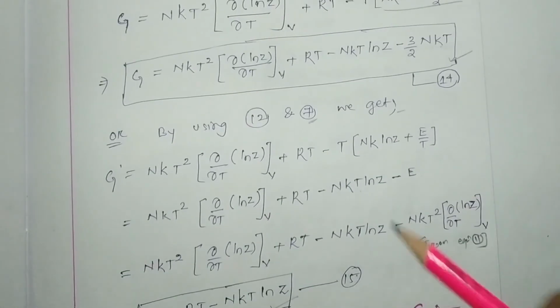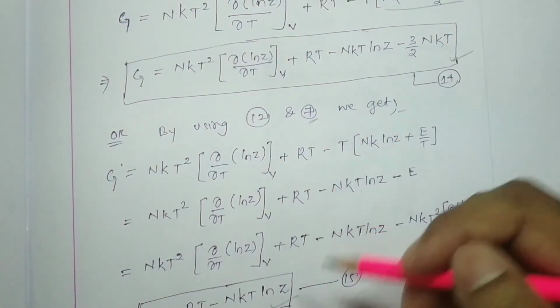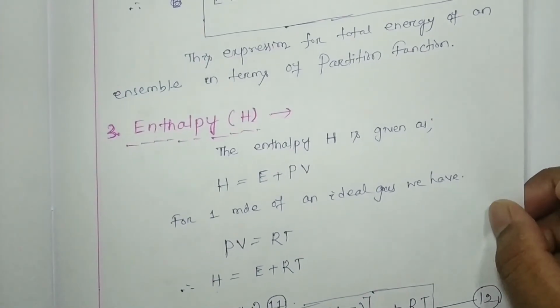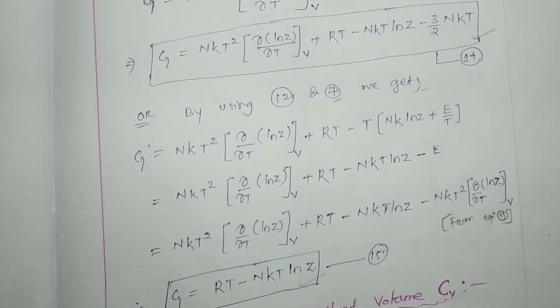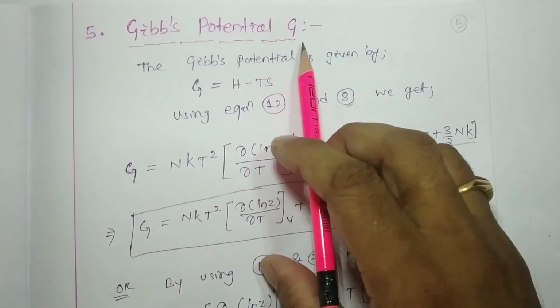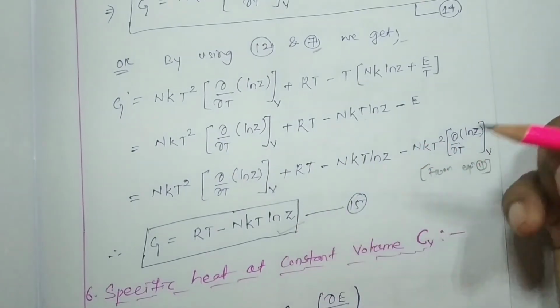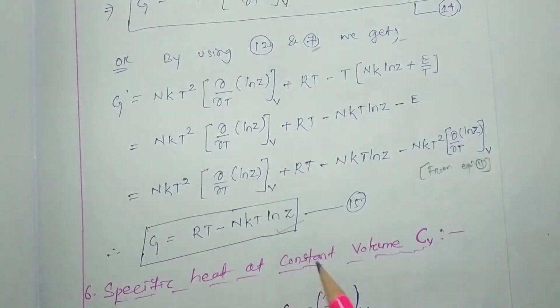So these expressions are written with the help of the partition function, whatever we have discussed. For that question you have to write only the expressions. Sometimes a short question will be asked: write down the Gibbs potential in the form of partition function for Maxwell-Boltzmann gas. You have to write this one.